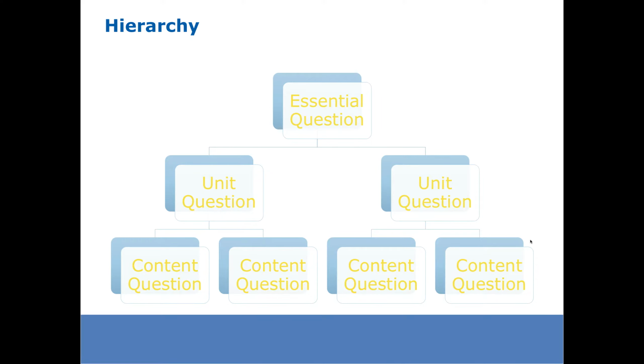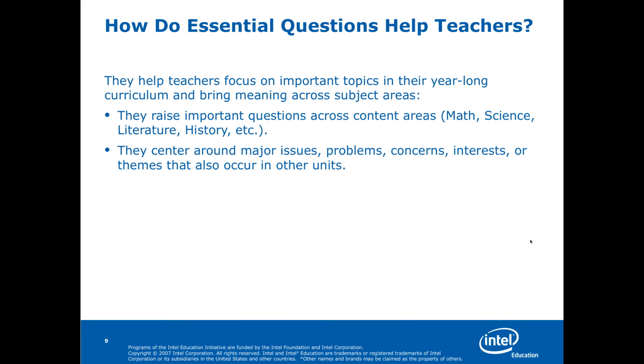And then inside each of those unit questions, you're also going to have content questions. For the purposes of illustration, there are only 2 content questions, but you certainly are going to have more than 2 content questions for a unit. So it's important to keep that in mind. But this is how the question types fit together.